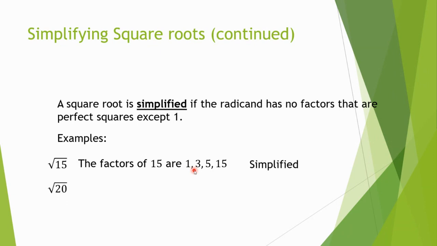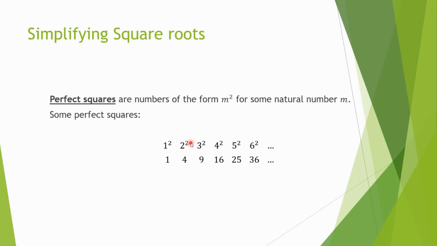So we want to know, is that simplified? Well, we have to look at the factors of 20. Yes, 1 is in here. 1's a perfect square. But notice 4 is in here, and 4 is a perfect square, right? 4 is 2 squared.